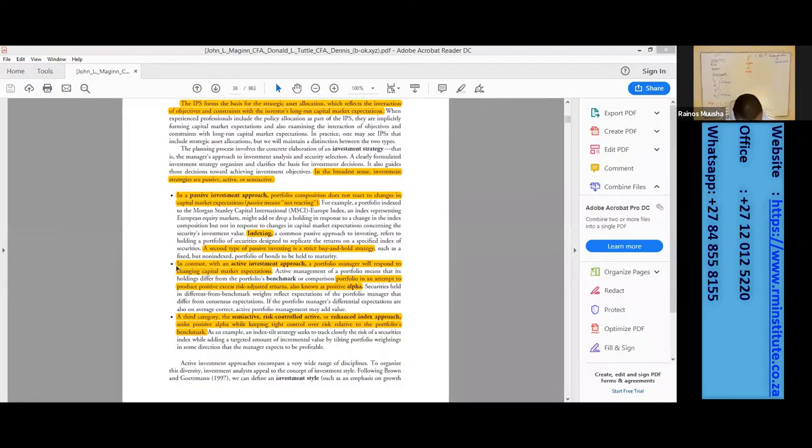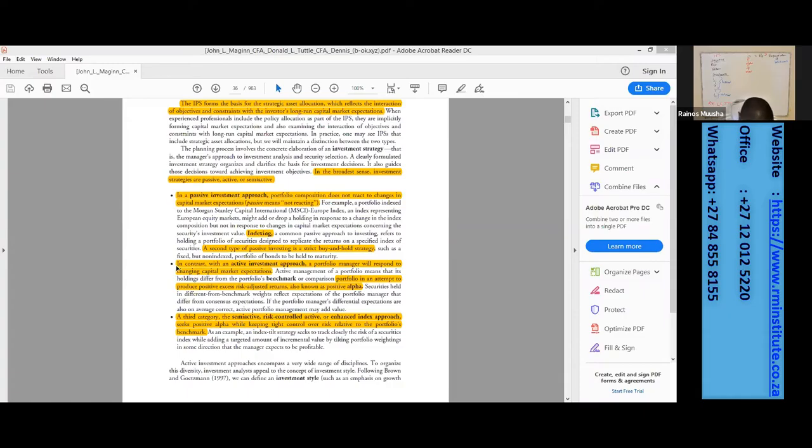Next, on the third bullet, they say a third category, the semi-active, risk-controlled active or enhanced index approach, seeks positive alpha while keeping tight control over risk related to the portfolio's what? Benchmark.